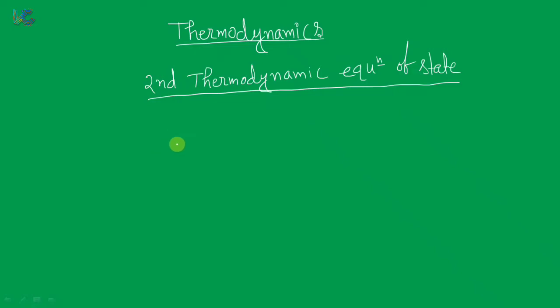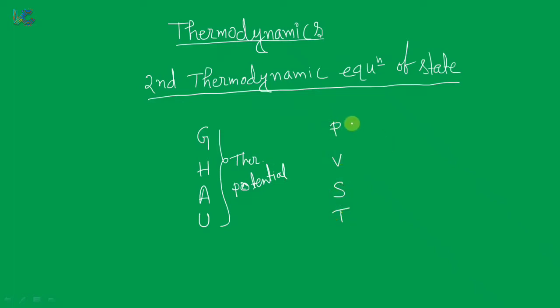Now, you know that G, H, A, U are thermodynamic potentials, or thermodynamic functions, and P, V, S, T are thermodynamic variables.